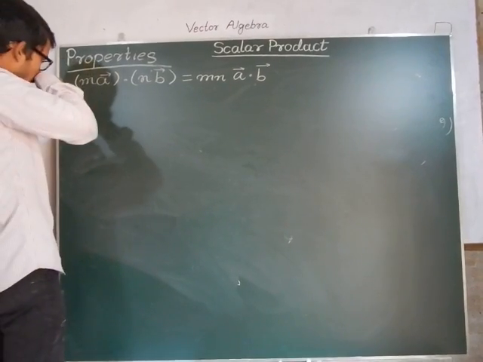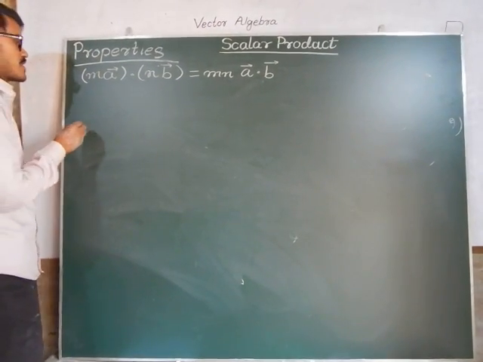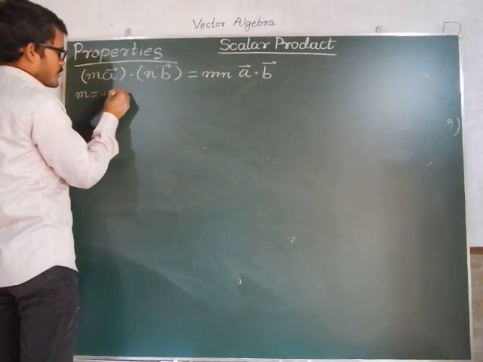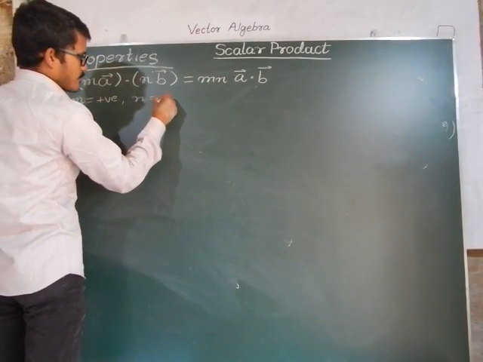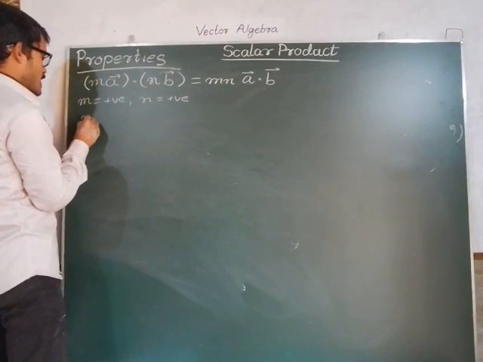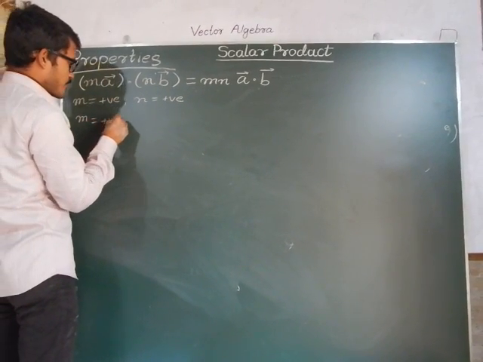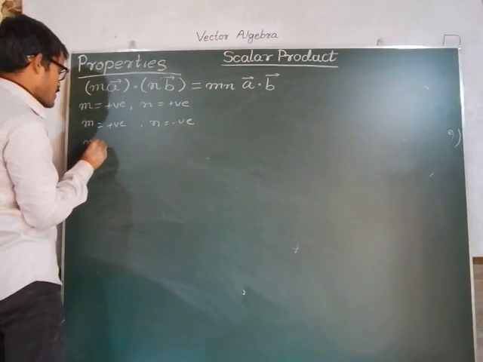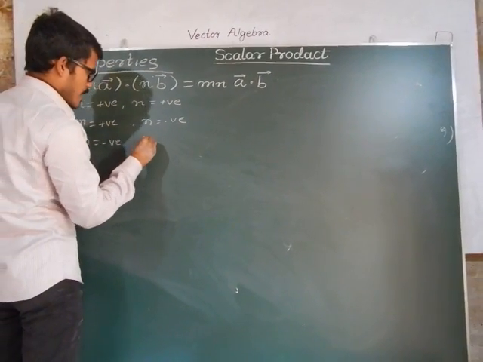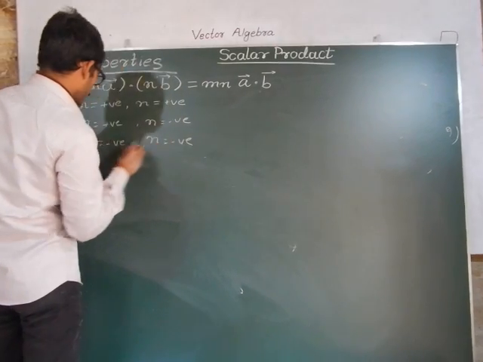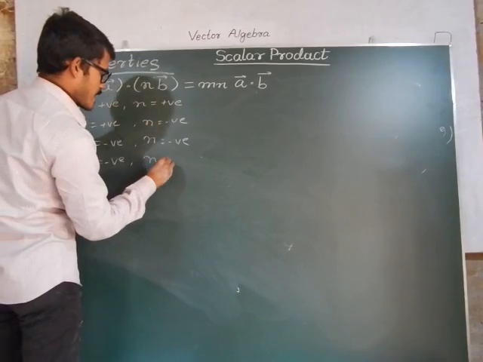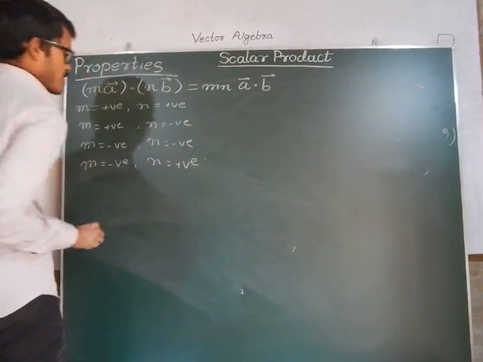So there are four possibilities. First one, m is positive, n is positive. M is positive, n is negative. M is negative, n is negative. And m is negative, n is positive.